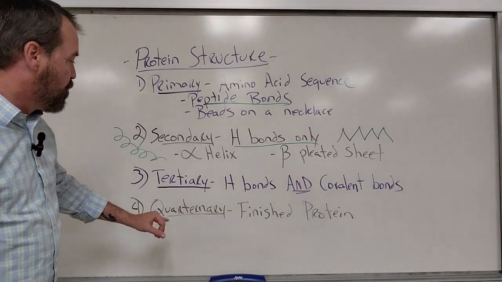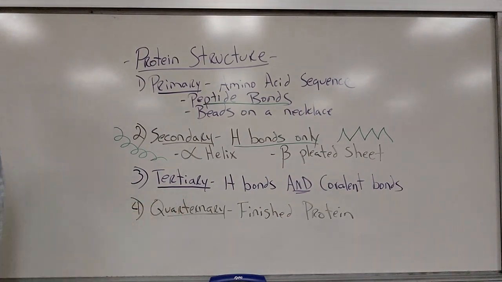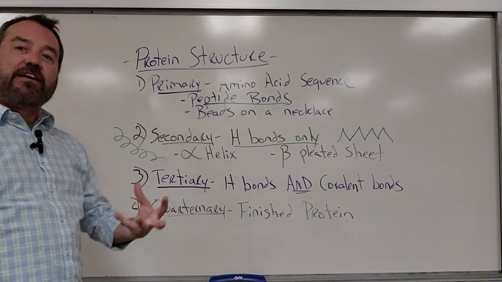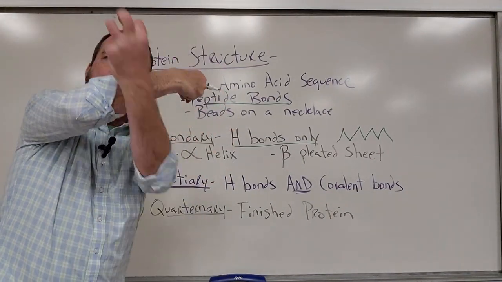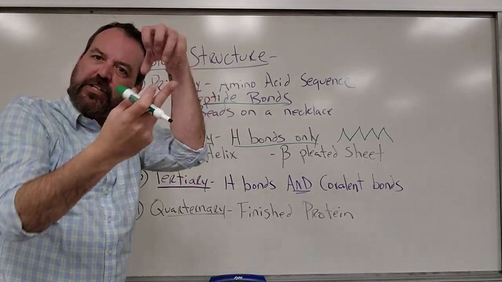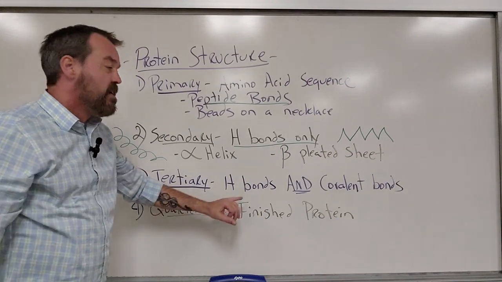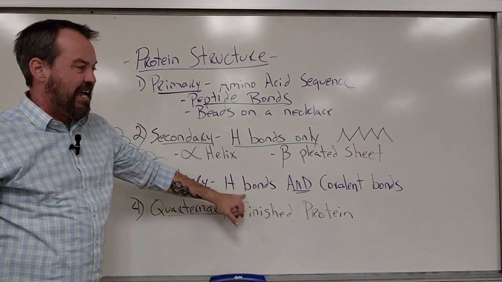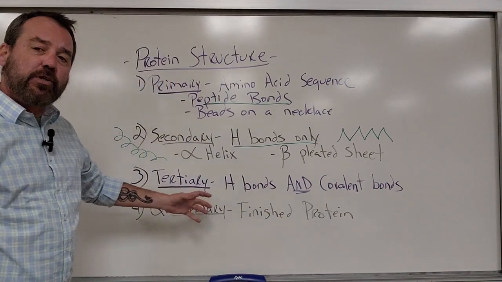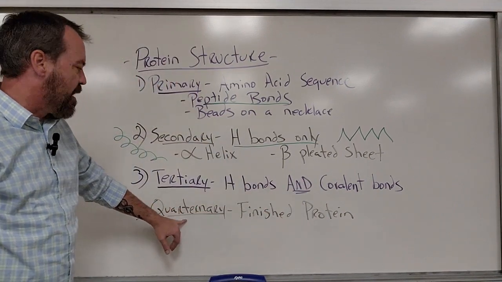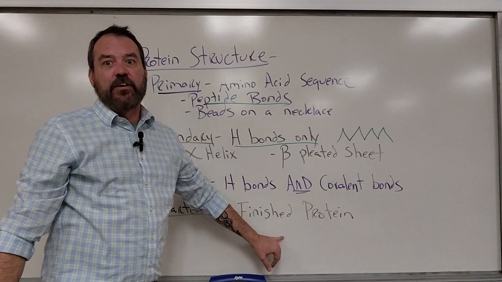Then we roll over into my tertiary structure. My tertiary structure is just a larger level of folding that occurs. Now we're folding entire alpha helixes and entire beta pleated sheets around each other to give us this really complicated shape. It's held together through hydrogen bonds again, but now we're also doing covalent bonding. Once we get that shape figured out, we roll into the quaternary structure, and this is our finished protein.